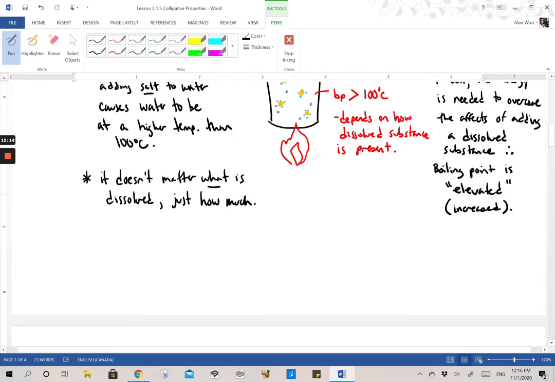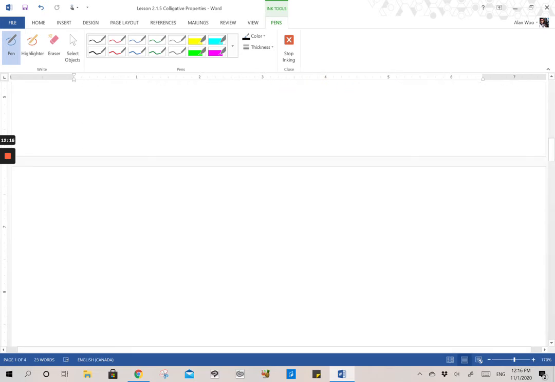The second colligative property is called freezing point depression.